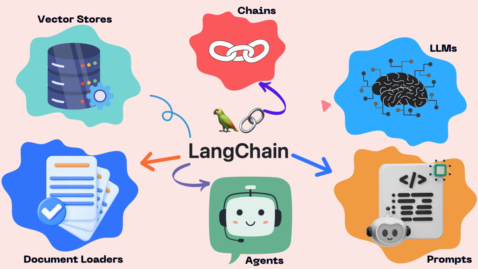It's basically making it super easy to combine language models with other data sources and computations. So you can load documents, store information properly, craft smart prompts, and even set up AI agents that make decisions.